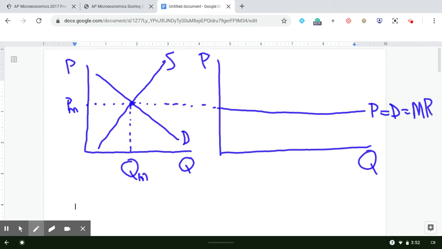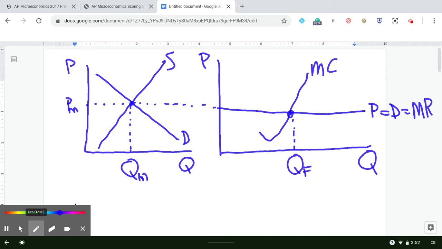Okay, so we need a profit maximizing point for this corn farmer. So let me draw a marginal cost curve. Not the straightest curve, but it'll suffice. And this is Q sub F because this is the quantity that the farmer is producing himself. Now, the key here too is this is often enough for us, but in this case, they want us to illustrate that he is earning zero economic profit.